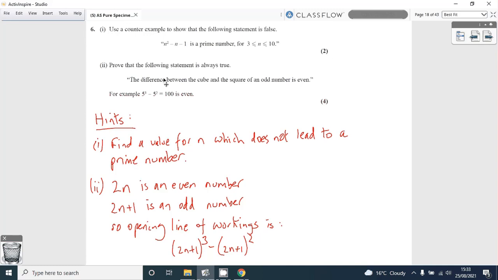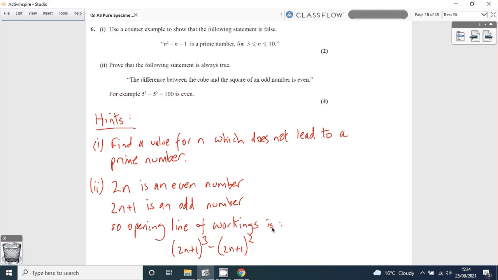Now for part 2, we've got to do this in general terms. So remember 2n, if you double anything, you get an even number. So 2n plus 1 is an odd number. Obviously, one more than an even number is an odd number. So given that we've got to do the difference between the cube and the square of an odd number, it's the same number, as they show in the example, the same number being cubed, take away the same number being squared.